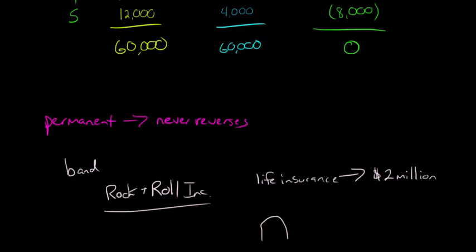And now the question is, okay, well, what happens to that $2 million? Is that income? So that is not taxed, right? So $2 million is tax-free from the perspective of when you're filing the corporate tax return, because life insurance proceeds are exempt from taxable income. So this is going to be tax-free.